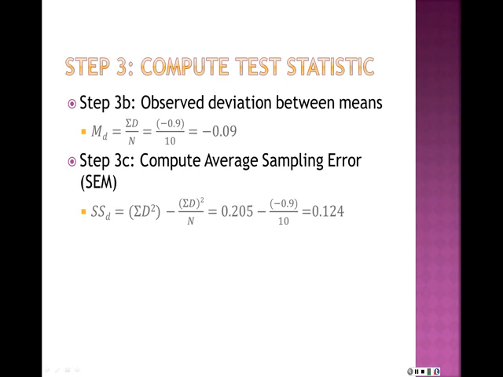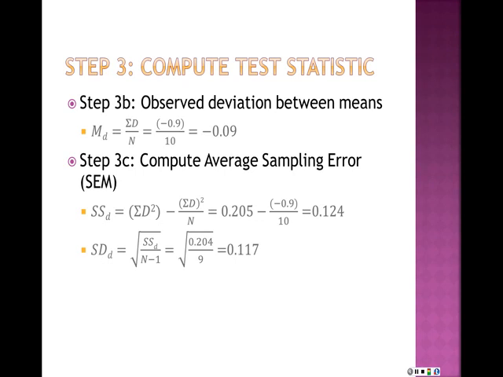This is very important because this part is the sum of the squared deviation scores, the second part of the calculation earlier, and this is the sum of the deviation scores, the first part of the calculation, squared. When we do that calculation, we get 0.124.